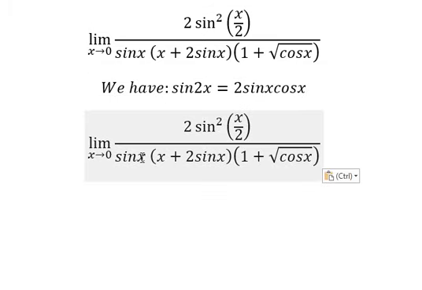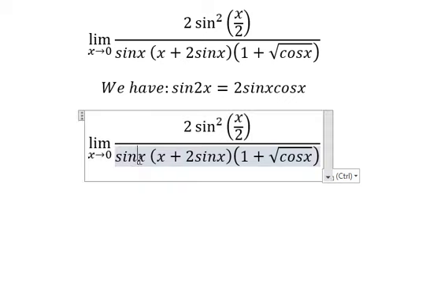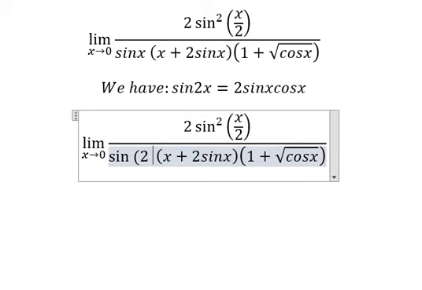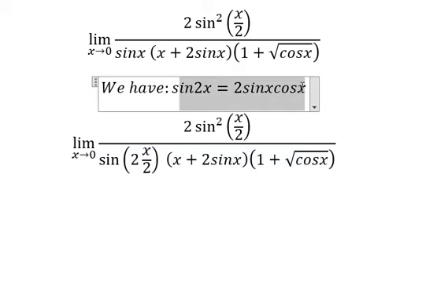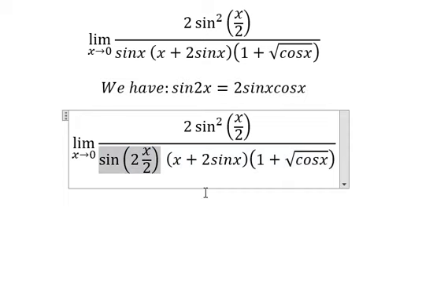So sine x, we can transform into 2 multiplied by sine of x over 2 times cosine of x over 2. And now we need to transform this one into this one. So we can get like this.